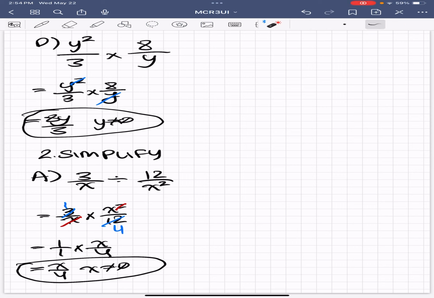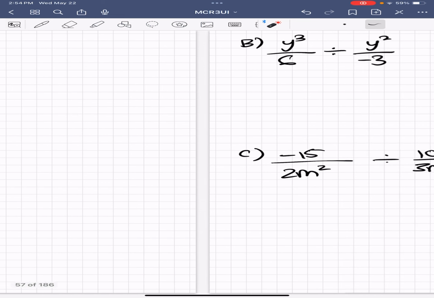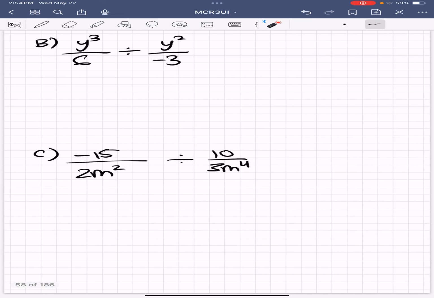But then again, if it's an expression of x plus 3, then x cannot equal negative 3, because x cannot equal 0. So just letting you guys know that. Moving on.